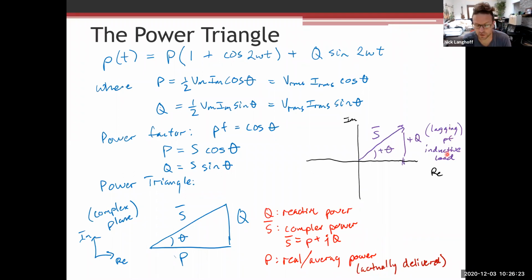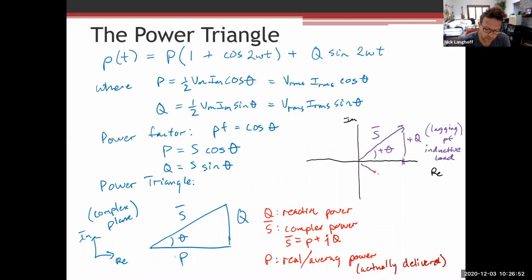And we associate that with inductive loads or predominantly inductive loads. Even if there are capacitors in there, if the inductance plays more of a role in the circuit, and again, that's going to be frequency dependent, but if it's more inductive at the frequency it's being excited, then the complex power will lie in the first quadrant of the complex plane.